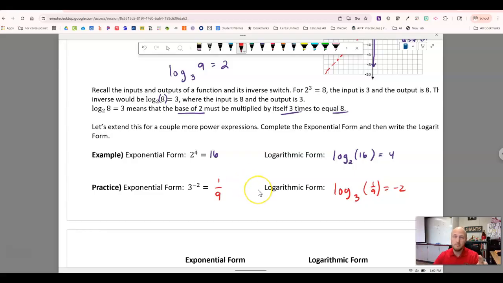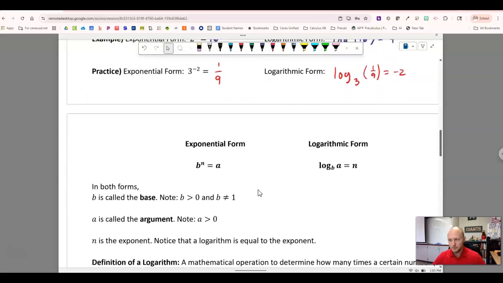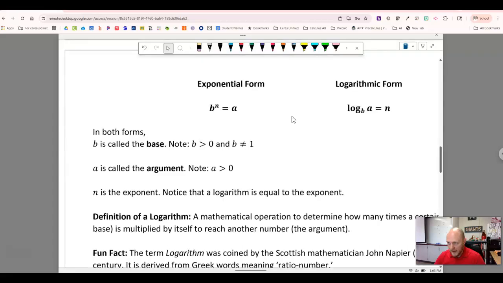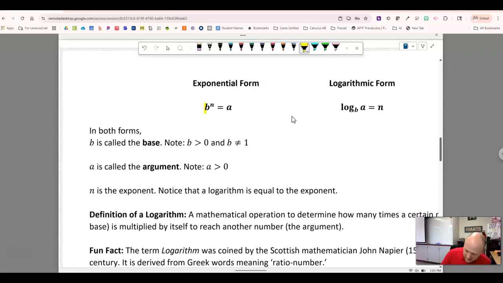Do you know what a logarithm is? The inverse of an exponential. Good. So let's look at exponential form again. In exponential form, we have a base, we get a power, and then we get an output. For a logarithm, the base is exactly the same. So they both have that base, log base b, but now that output, that was a power, what we call the input, which is known as an argument.